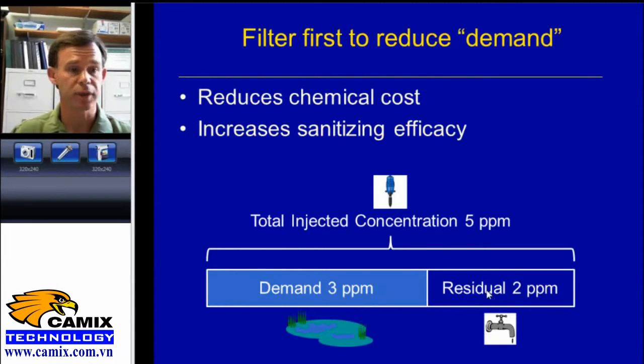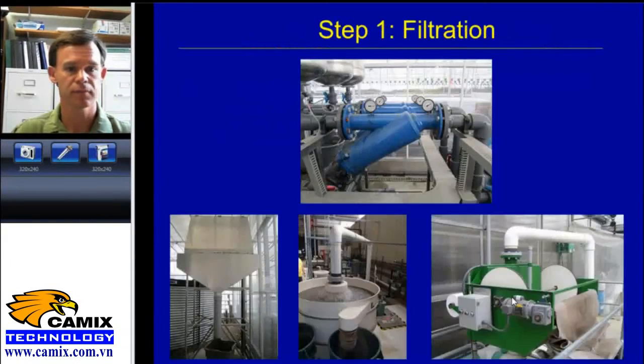If you did not do any of that monitoring, then what could happen would be, for example, in the winter where the demand is lower, you might be putting out, for example, 4 parts per million of chlorine out your sprinklers or drip emitters, causing phytotoxicity on a number of sensitive crops. Conversely, in the summertime, you may not have 2 parts per million residual chlorine left, so if there was any Phytophthora or Pythium in your irrigation water, it would not be effective.